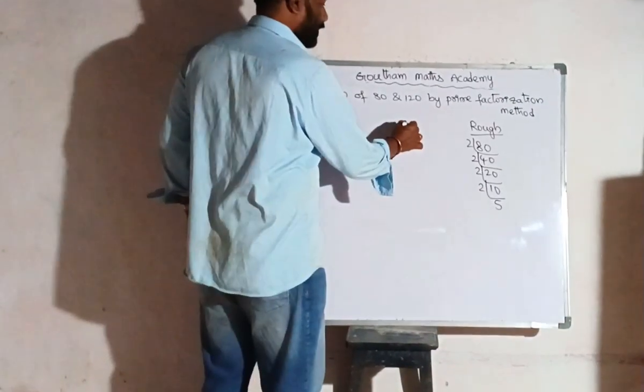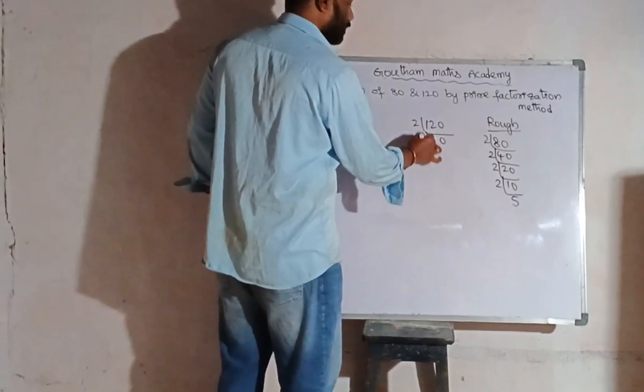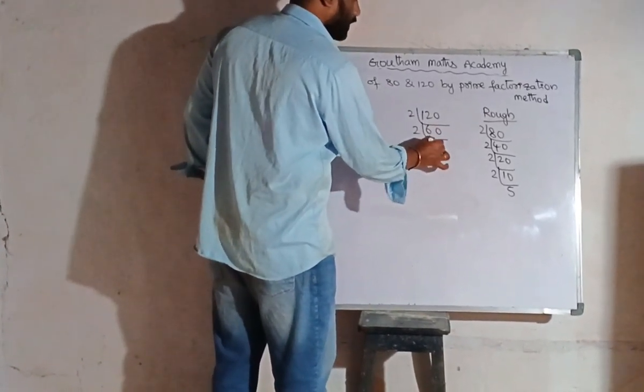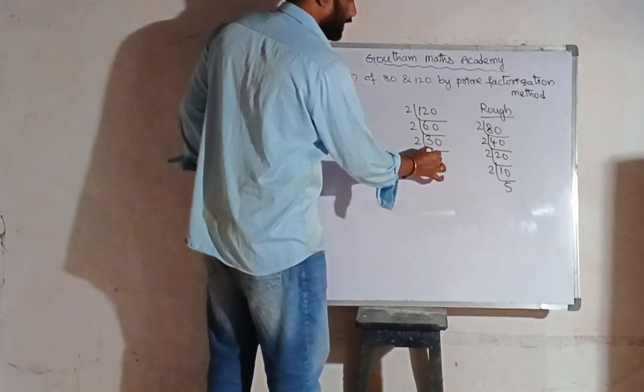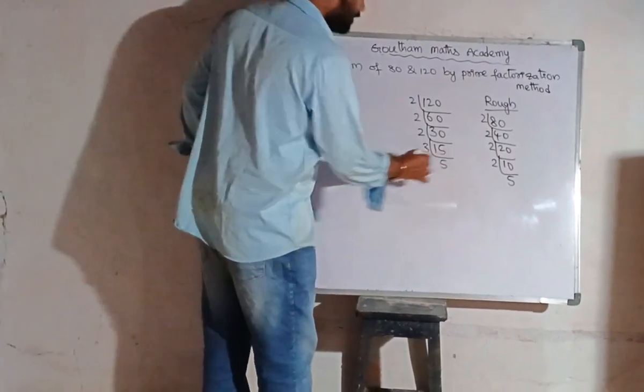Next 120 can be written as 2 into 60, 2 into 30, 2 into 15, 3 into 5.